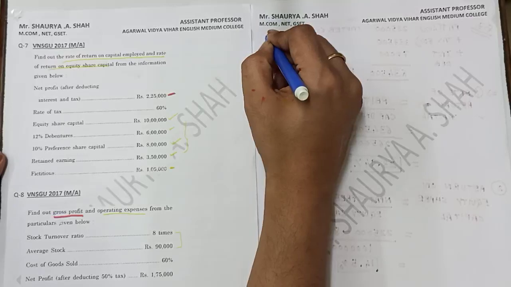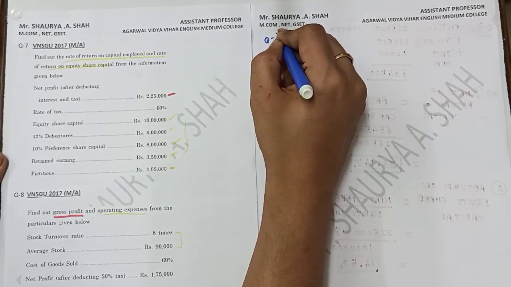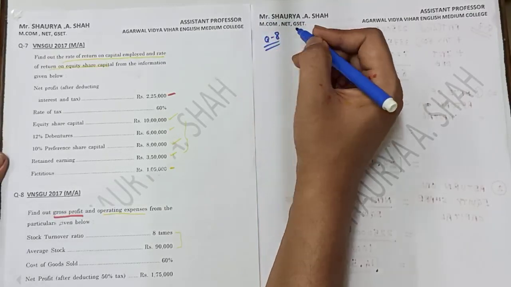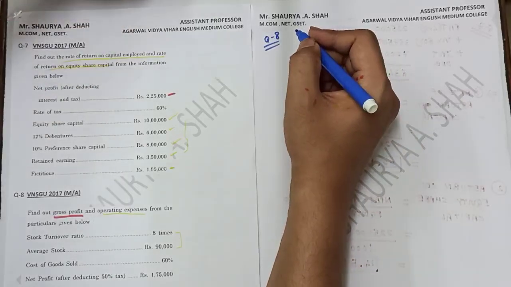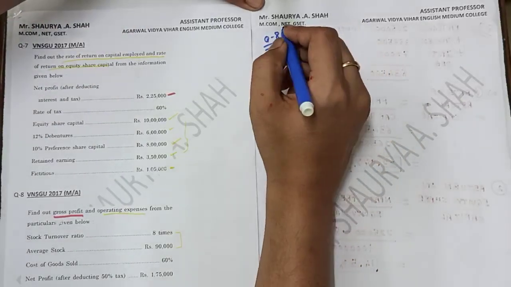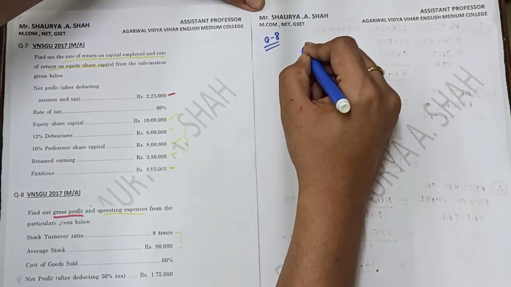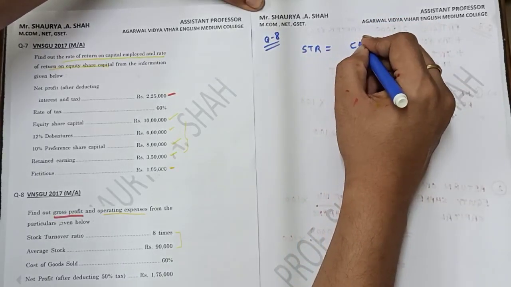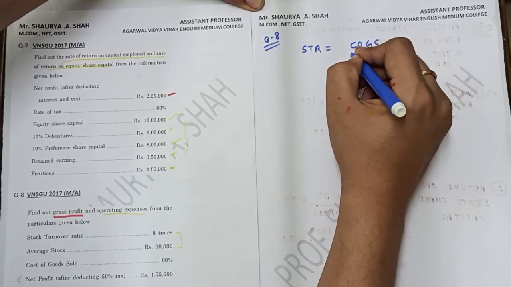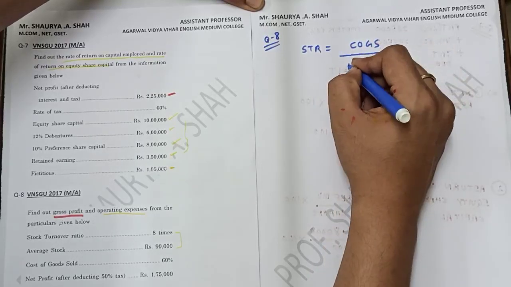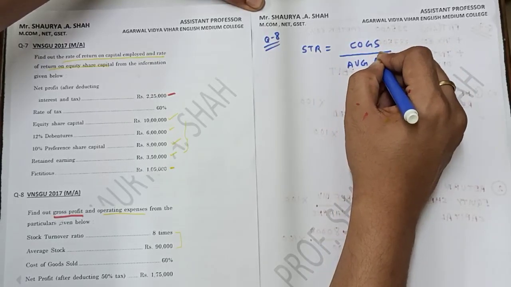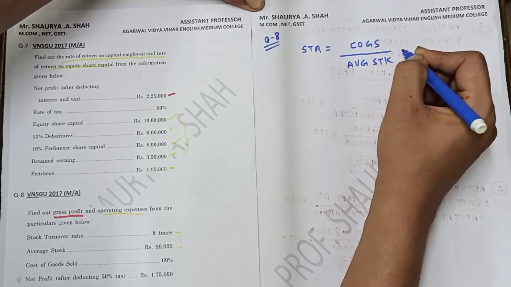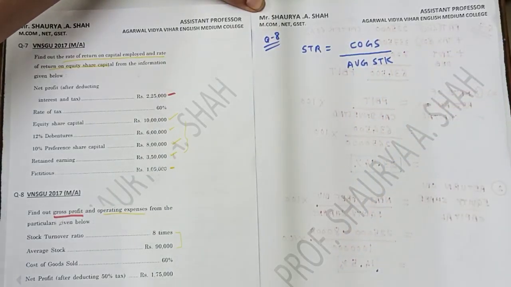So the very first thing I will find out is the formula of stock turnover ratio. What is the formula of stock turnover ratio? STR is equals to cost of goods sold upon average stock. Cost of goods sold upon average stock.